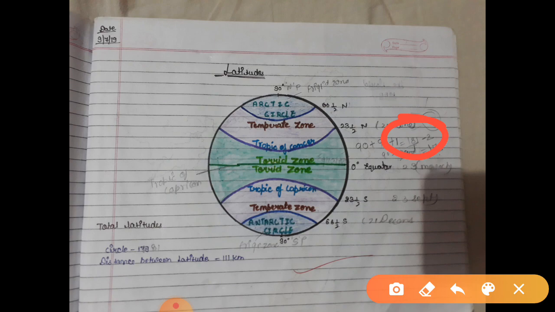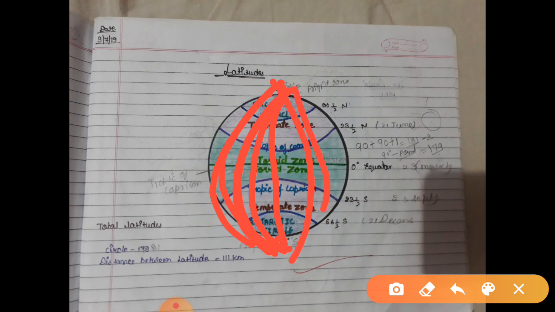Then understand this: at 90 degree north and 90 degree south, it's not a circle, it's just a point where these lines join. This is the point where all these lines meet each other.